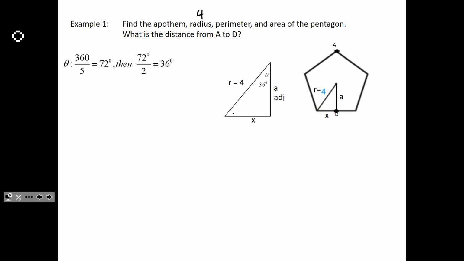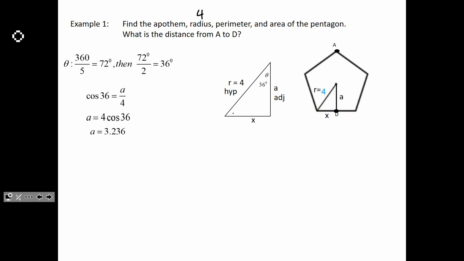So I'm going to have cosine of my angle, 36 degrees, is equal to the adjacent, the side we don't know, over the hypotenuse 4. And if I'm trying to solve for A right here, what are we going to do? Very good. So then I have A is equal to 4 times cosine of 36. And what do we get for that one?